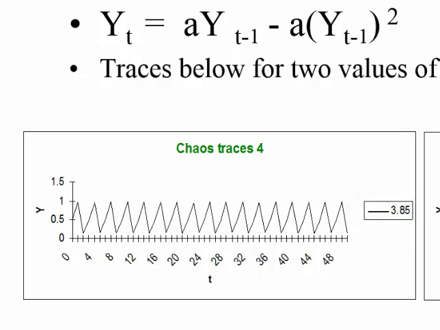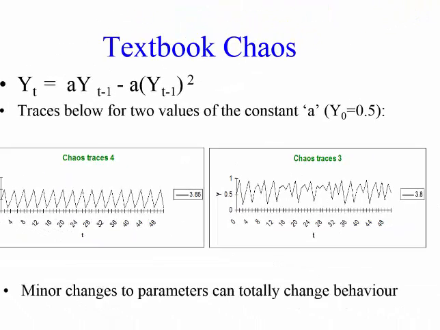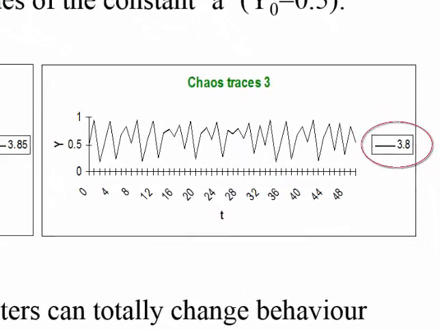This gives quite an impressive and apparently predictable result. However, if we change the value of the variable a to 3.80, we find that the shape of the graph produced is quite different.